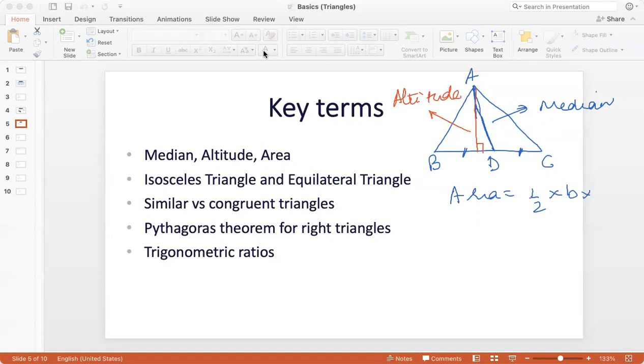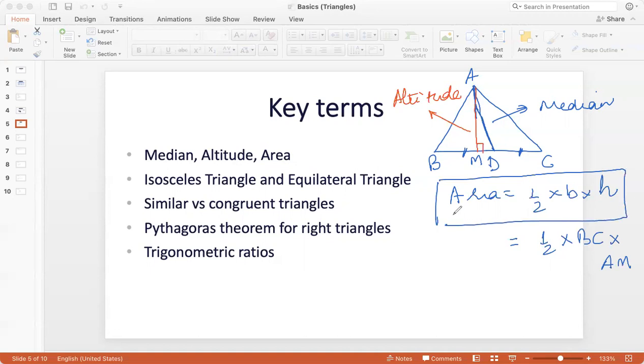So let me write that. Half base into height. So in this case, I can say it's half BC into AM, right? So this formula works for any combination of base and height. So if I had taken AC as my base, then I could take the altitude from B to AC for H and so on.